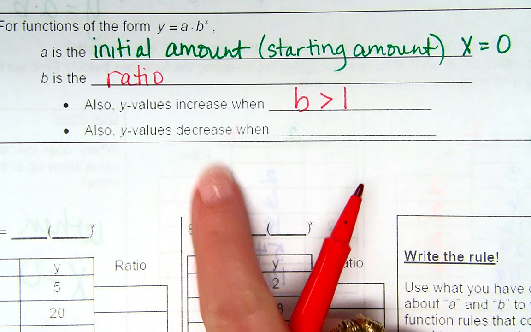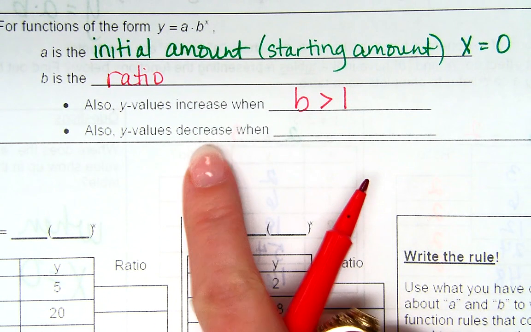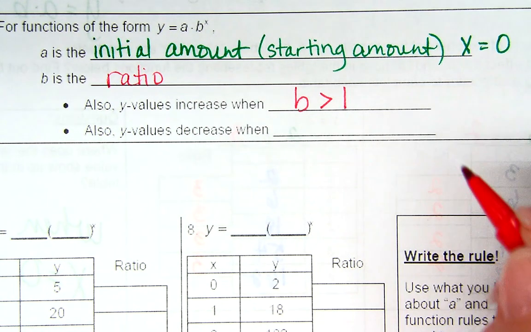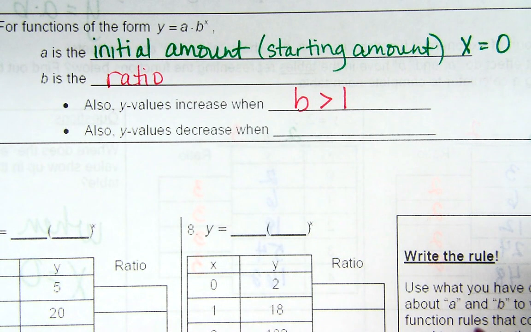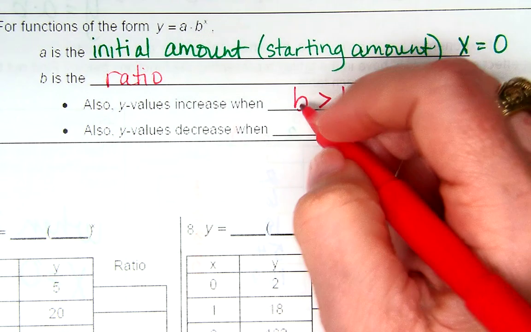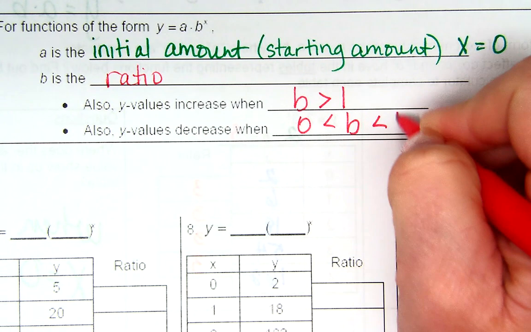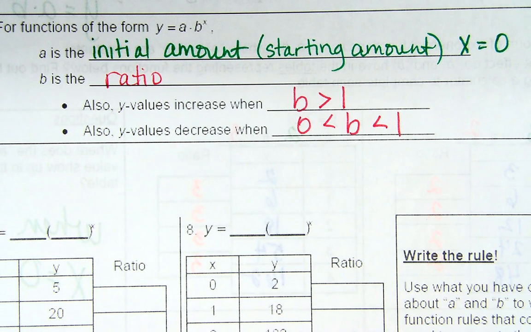When are the y values decreasing? B is less than 1. That is very true, right? You have enough information on the tables to be able to tell me it's when b is less than 1. But you also know, because we've been talking about this for a couple of days now, that b also has to be greater than 0, right? So less than 1, but greater than 0. Excellent job.